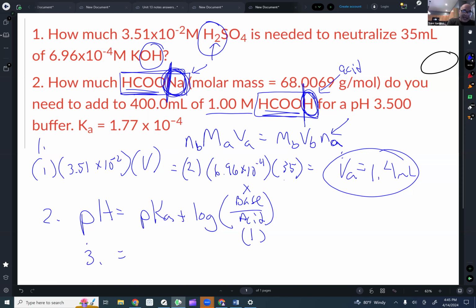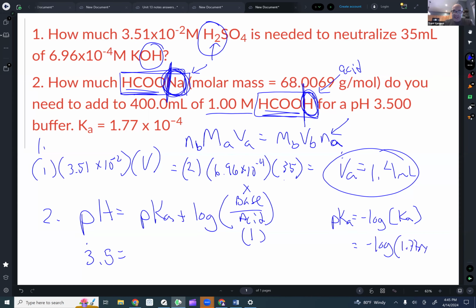Our pKa is the same idea as a pH. It's the negative log, not of the hydrogen ion concentration, but of the acid dissociation constant. So we're going to plug into this the negative log of 1.77 times 10 to the negative 4.